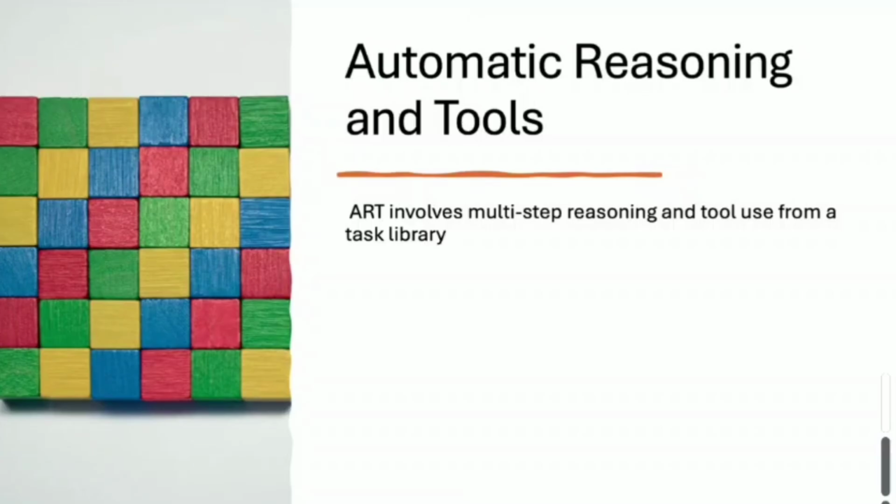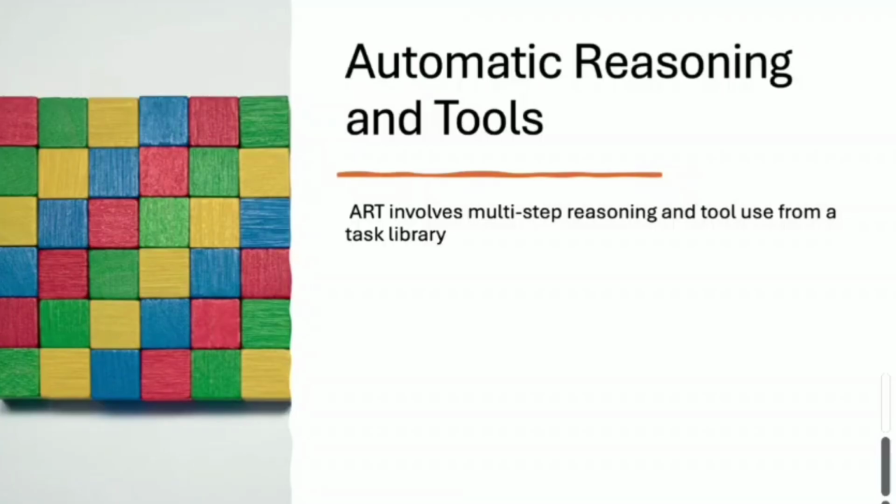Let's say you give it a problem, 1.456 plus something else. Obviously, it has not seen such data previously and it is unable to answer. But because it is able to access the calculator, it supplies the data to the calculator, gets the output, and then gives it to us. So here the calculator is a tool. So this is what is meant by automatic reasoning and tools.